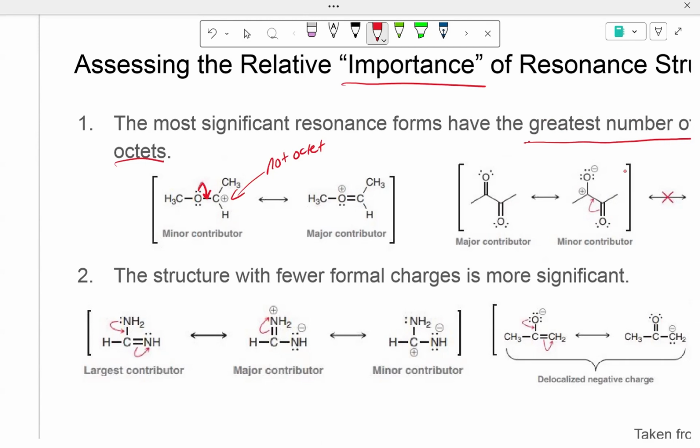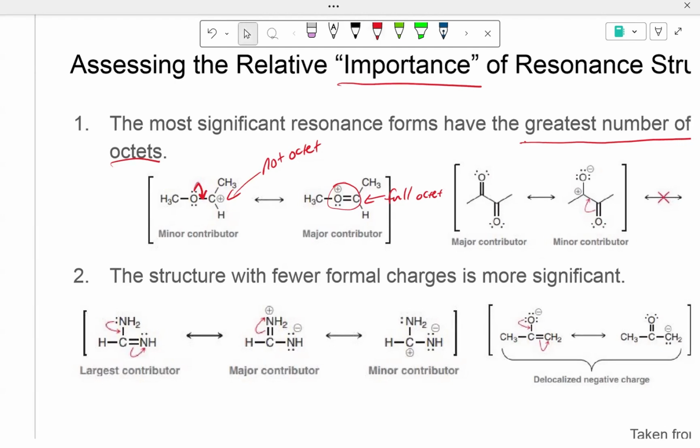The one on the right, everything has an octet. Oxygen, all the carbons. The oxygen still has an octet, and that carbon now has a full octet. And so we say it is the major contributor compared to the one that doesn't have a full octet.